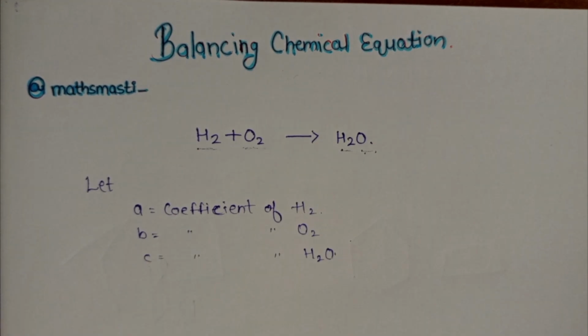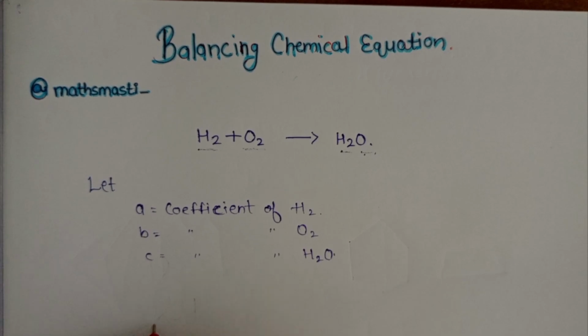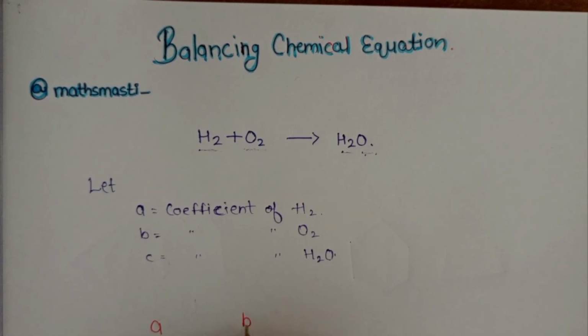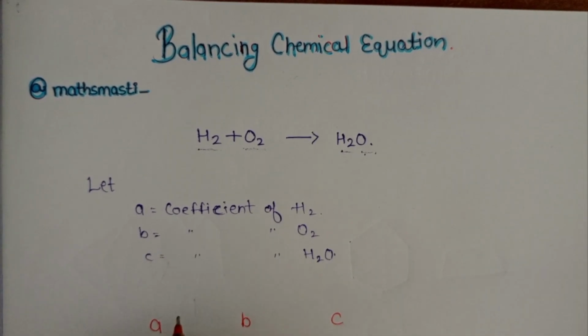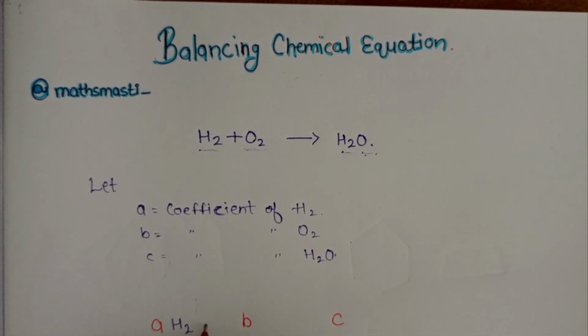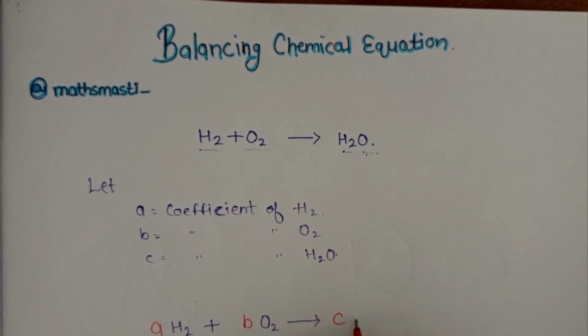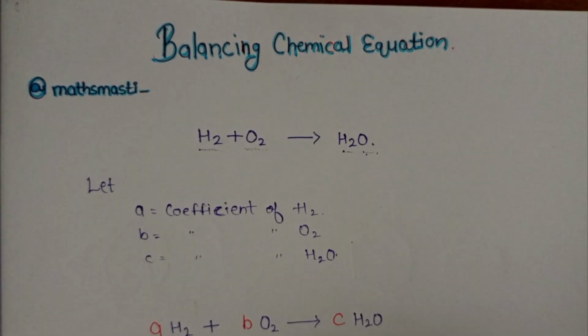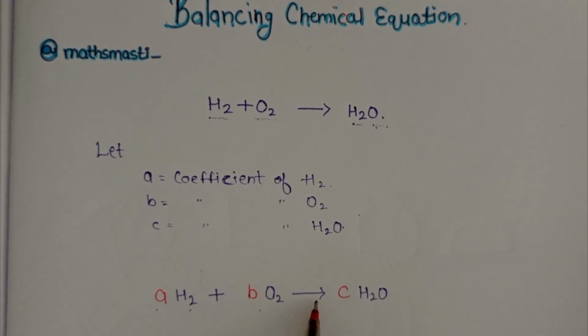What does it mean? A is the coefficient of H2, B is the coefficient of O2, and C is the coefficient of H2O, which is on our right side, our product. So the equation becomes A H2 plus B O2 combines and reacts to give us the product C H2O.